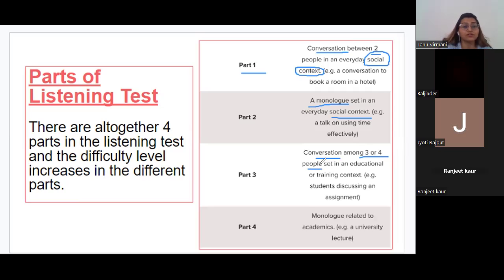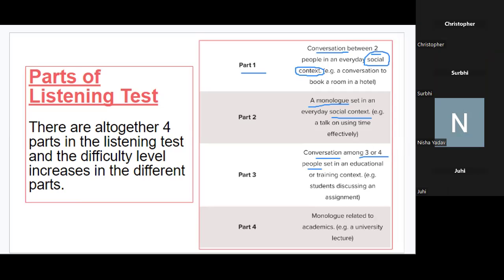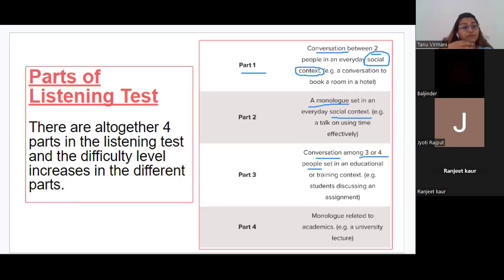Now suppose on a Zoom call the names are not written, that either it's Jyoti, Ranjit, Tanu Virmani or Baljinder, then you have to identify by listening who is talking. Now suppose we all have the name with Zoom or iPhone, something like that. So if we all are conversing, and then you have a set of questions, first you have to identify the speaker, right?